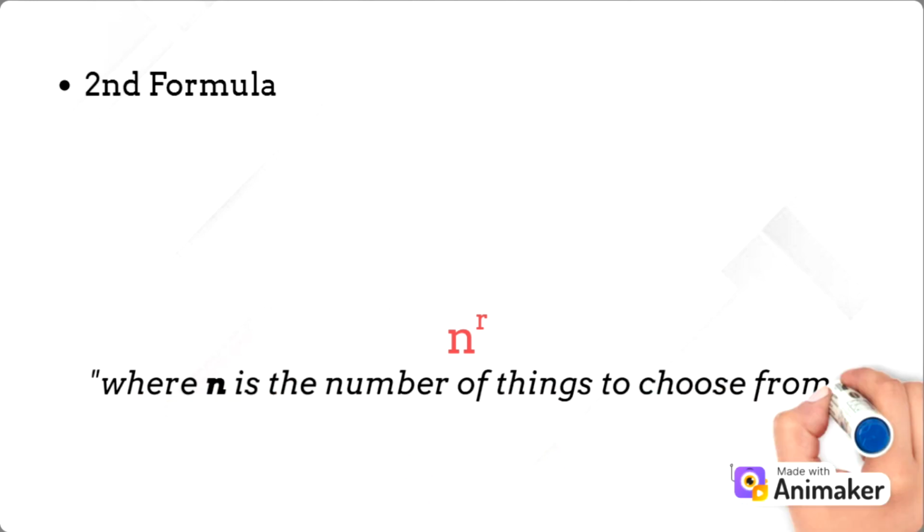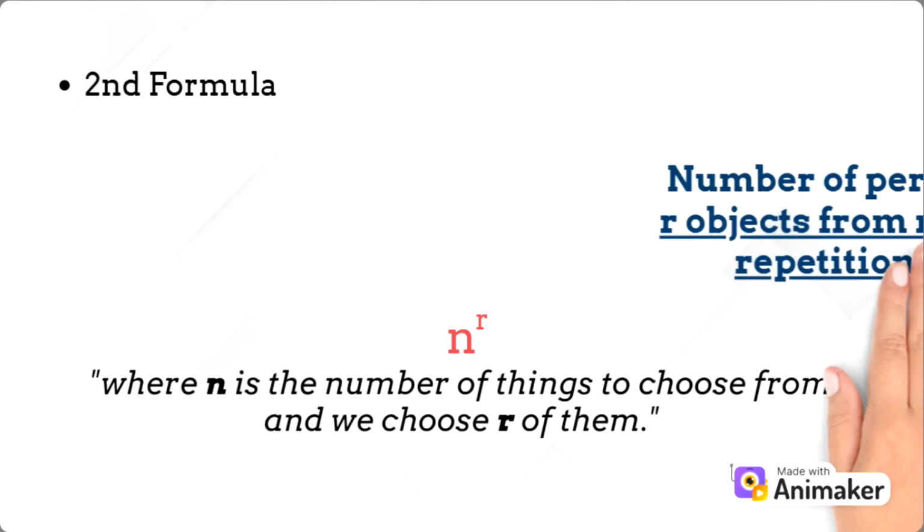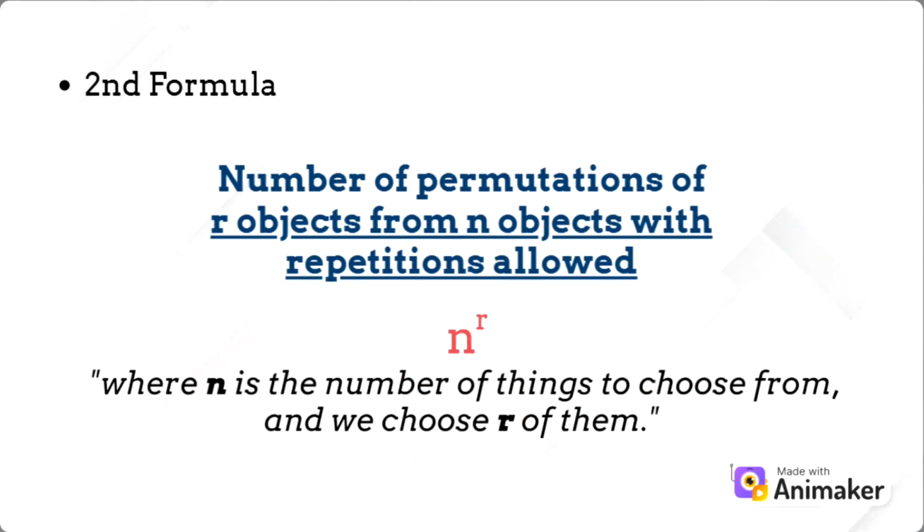The second formula is n raised to r, where n is the number of things to choose from and we choose r of them. We use this for calculating the number of permutations of r objects from n objects with repetitions allowed.